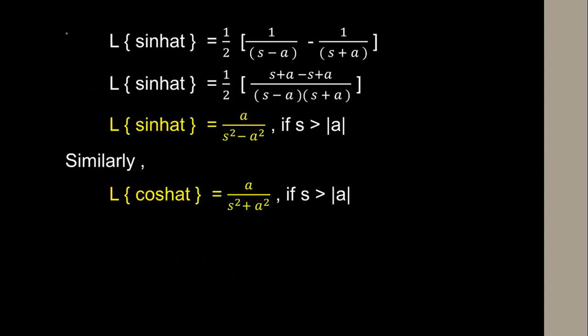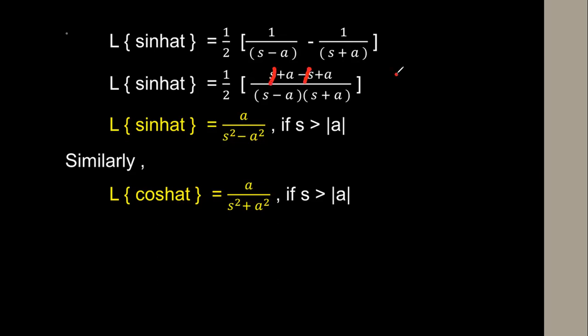If you take the LCM of these two, what will you get? The s plus a term is multiplied with the first term of the numerator, and the s minus a term is multiplied with the second term of the numerator. So s plus a minus s plus a, by s minus a into s plus a. The minus s and plus s will get cancelled.